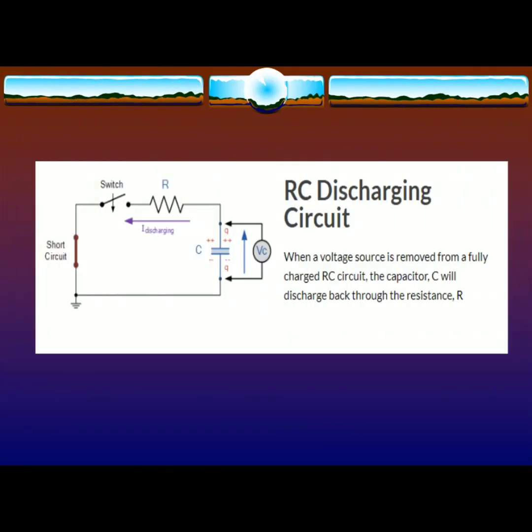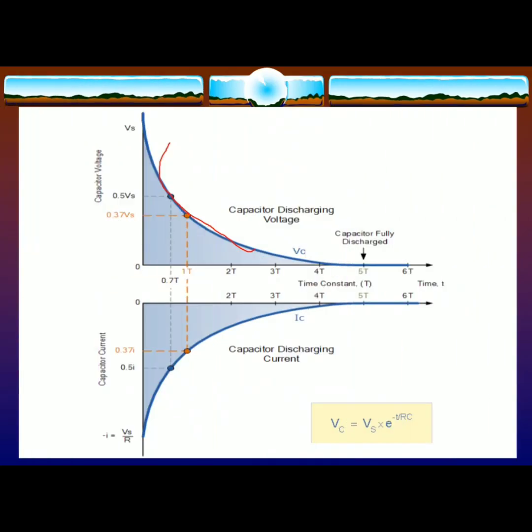This is the RC discharging circuit. When a voltage source is removed from a fully charged RC circuit, the capacitor C will discharge back through the resistance R. Now, when the switch is first closed and the capacitor starts to discharge as shown, the rate of decay of the RC discharging curve is steeper at the beginning because the discharging rate is faster at the start, but then tapers off exponentially as the capacitor loses charge at a slower rate.